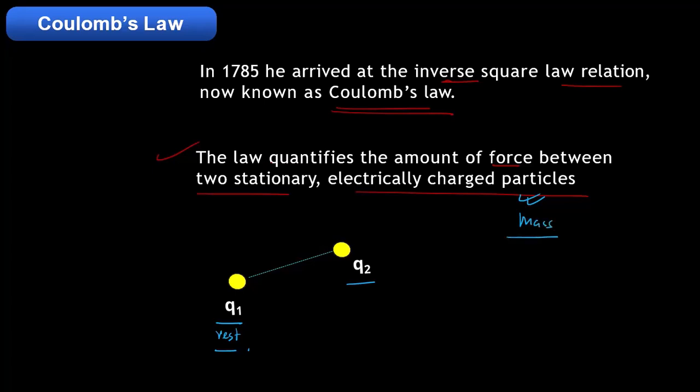Regarding the mass, he concludes that this mass must be a point mass. What is a point mass? Point mass means it should not have any kind of dimension. So for a point mass particle, and if the particles are at rest, only then is this law valid, and this law is known as the inverse square law.